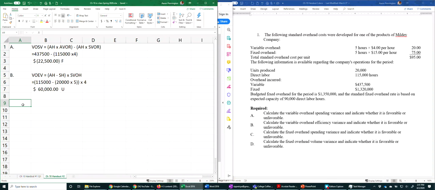In most cases, that's going to be the same. In other words, if you had a favorable labor rate variance, then you're most likely also going to have a favorable overhead spending variance. Anyway, pressing on.